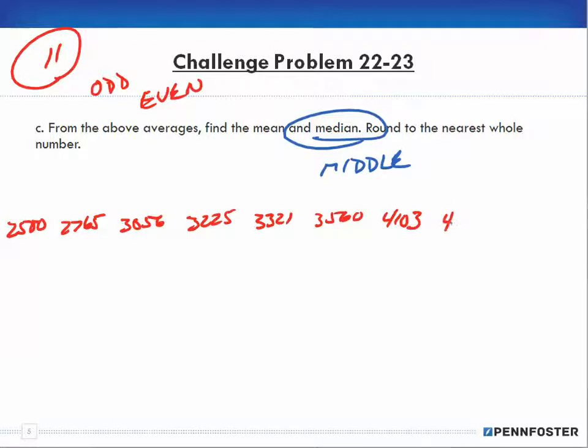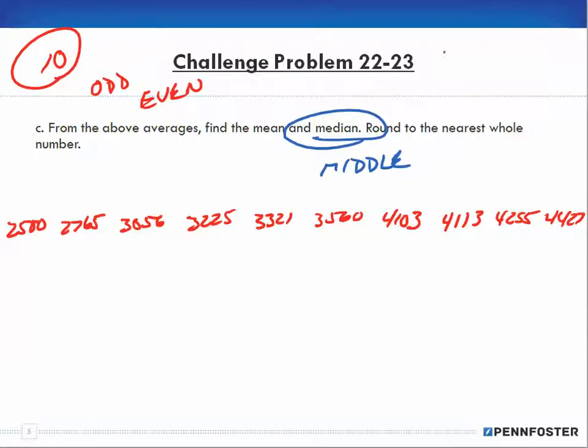So I have 4, 1, 1, 3, 4, 2, 5, 5, and 4, 4, 2, 7. With this data set, I have not 11, I have 10, so it's an even number. So how do I find the median?